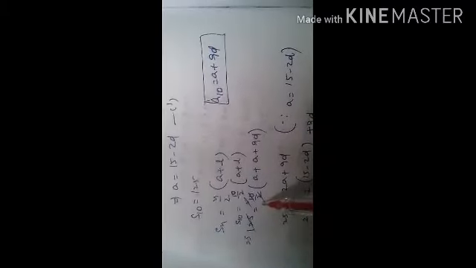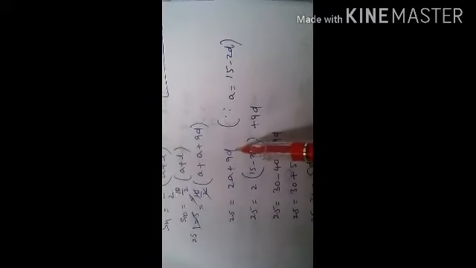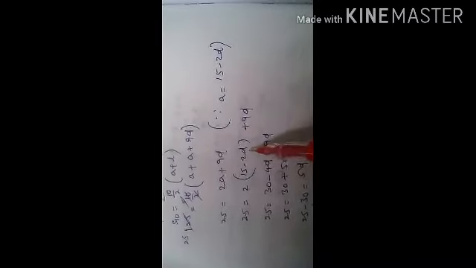So 125 is equal to 10 by 2 into A plus A plus 9D. A plus A is 2A, so 2A plus 9D. Substituting A is equal to 15 minus 2D, we will get 25 is equal to 2 into 15 is 30, 2 into 2D is 4D, plus 9D.